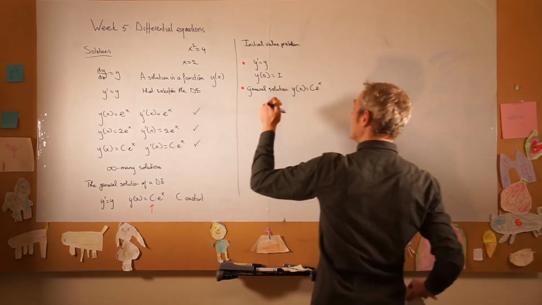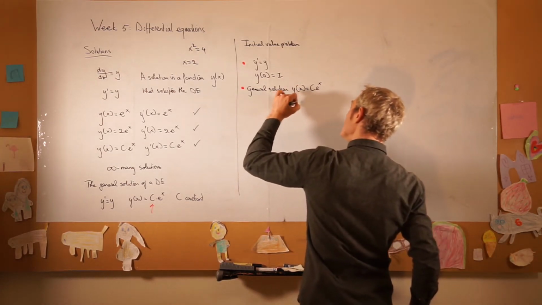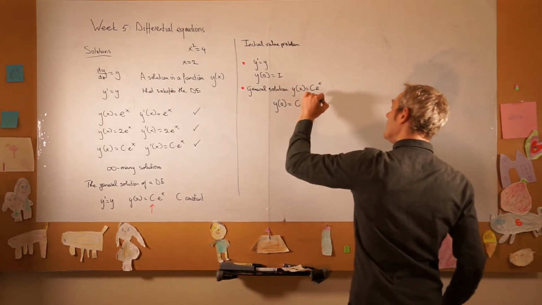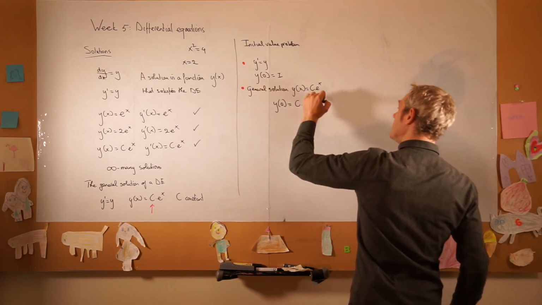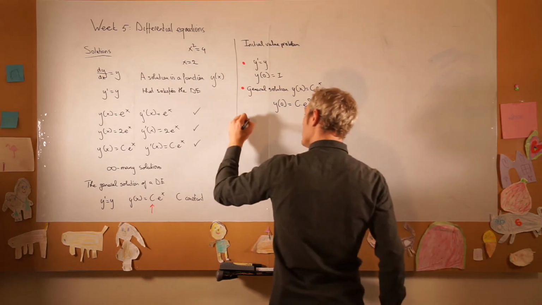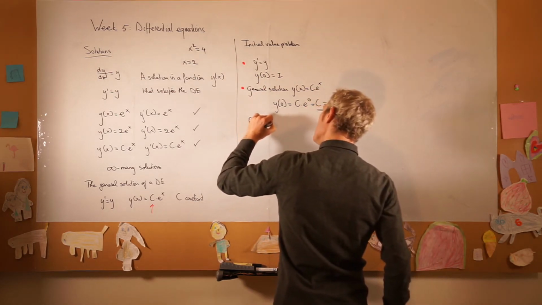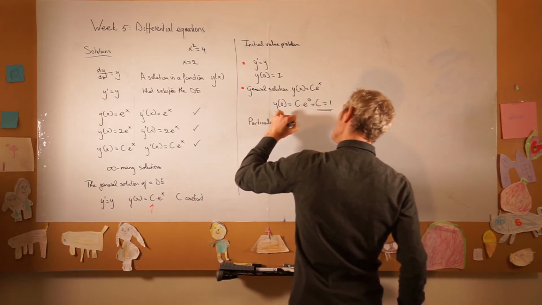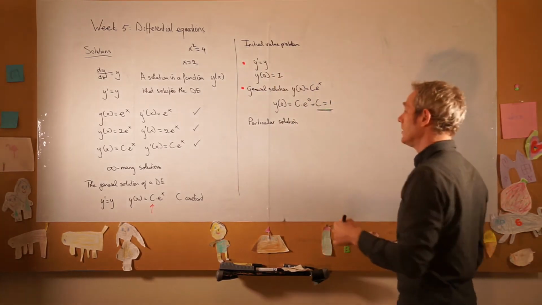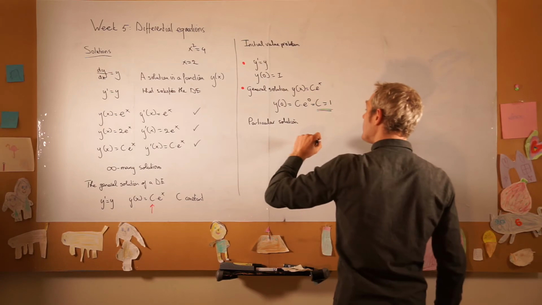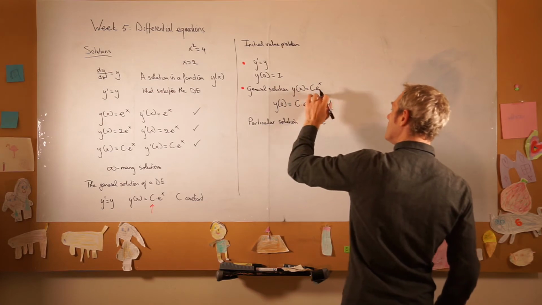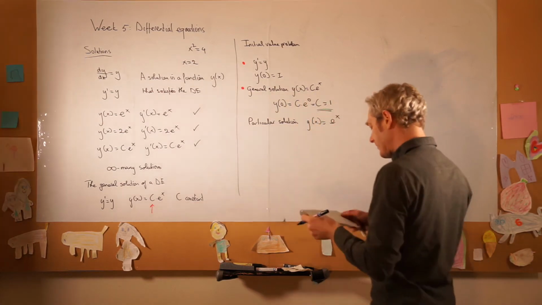So we plug that in, and we get y of 0 is c e to the power of 0, and e to the power of 0 is equal to 1. y of 0 should be equal to 1, which means that c is equal to 1. So our particular solution of this initial value problem, so the combination of a differential equation and some condition, usually an initial condition, is y of x is 1 times e to the power of x.